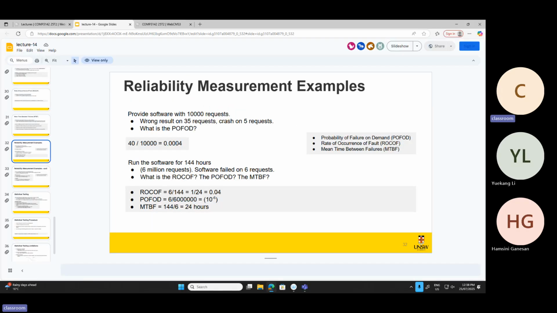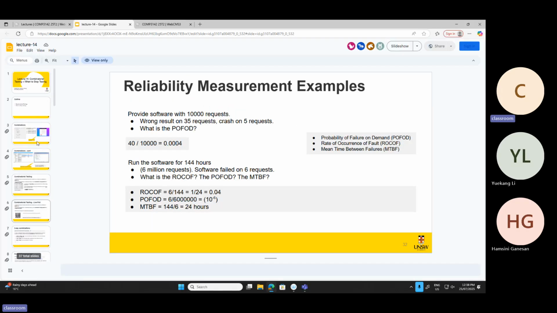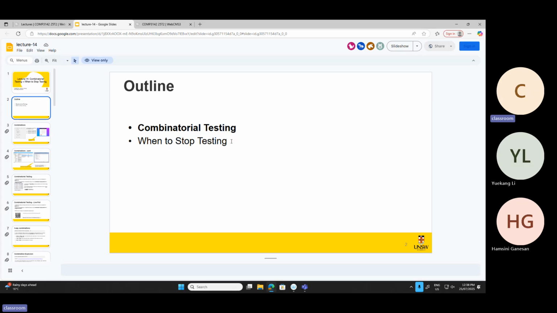So basically today we learned two concepts: combinatorial testing and when to stop testing. For combinatorial testing, we learned that we can combine different input parameters, we can combine different system configurations, and combinatorial testing is also known as T-way combinatorial testing, right? And the keyword T here means the interaction level. And normally, according to the report of NIST, we only need to do a 2 or 3-way combination.